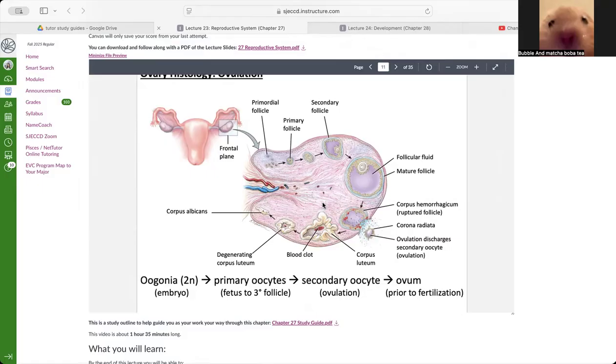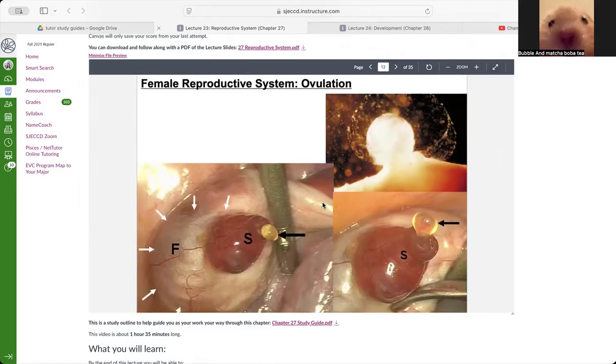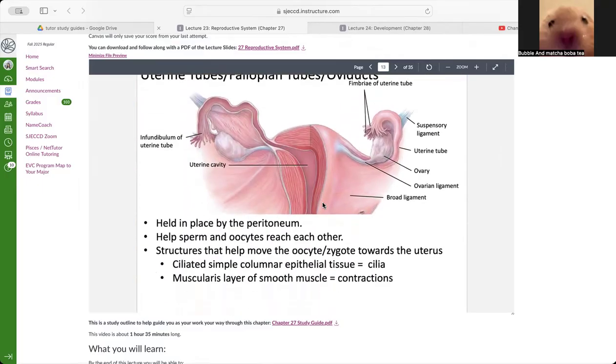And then there's the muscularis, a layer of smooth muscle that has peristaltic contractions to move the ovum towards the uterus.